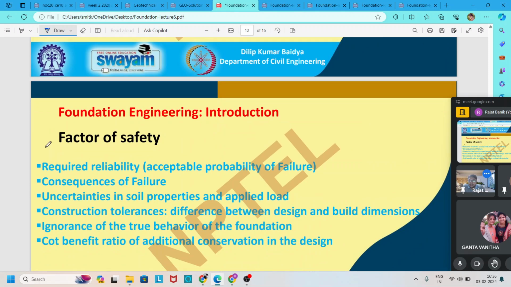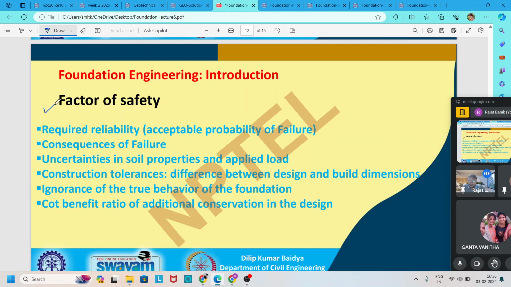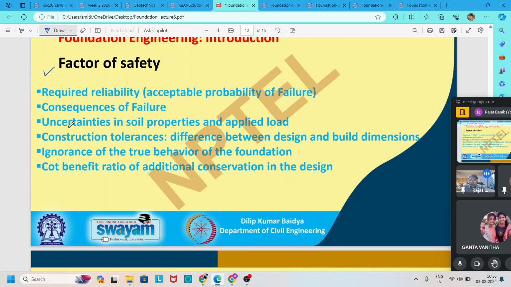Then some factors are given here for this factor of safety. The factor of safety is the required reliability. It is based on the reliability. That means the acceptable probability of failure. That means by this factor of safety, we address the probability of failure, the uncertainty of the failure.